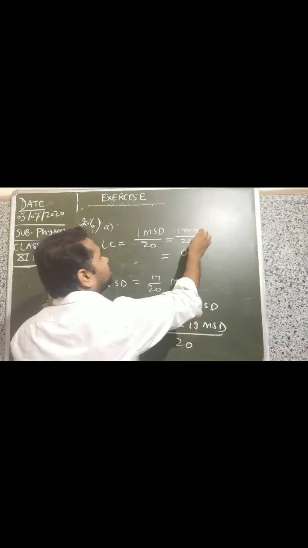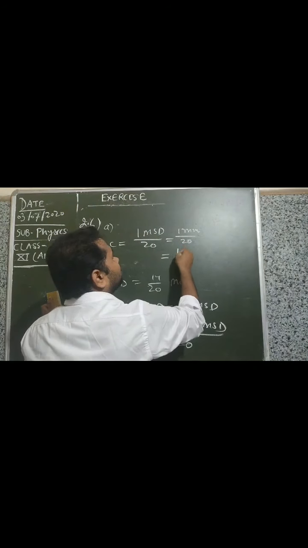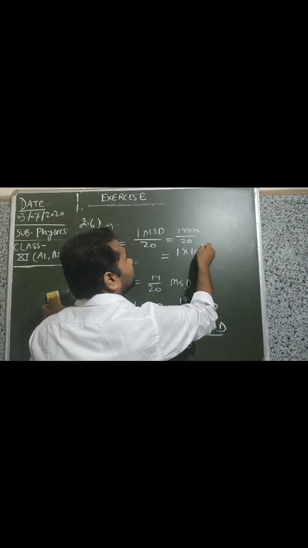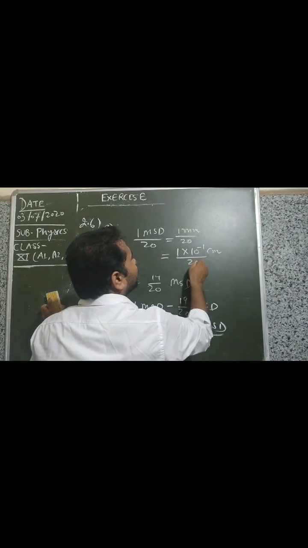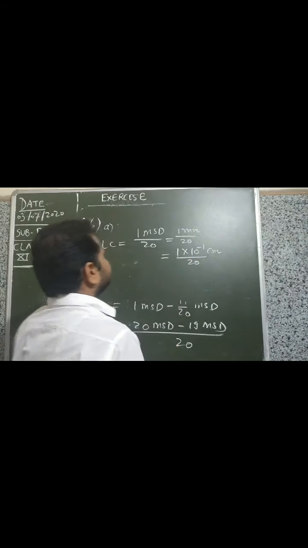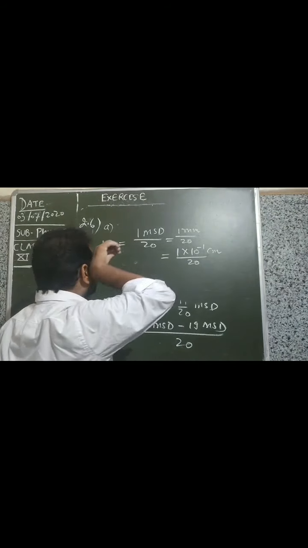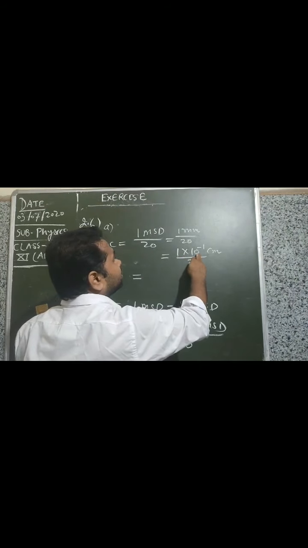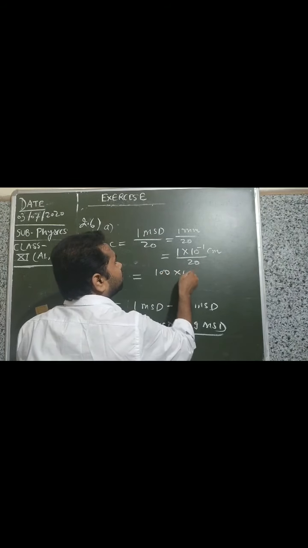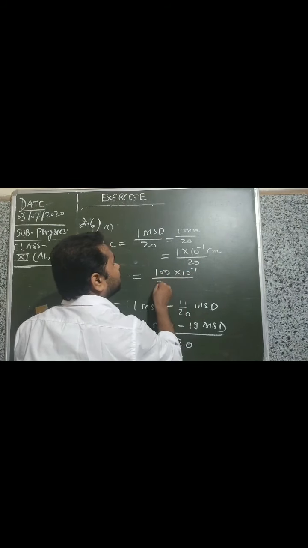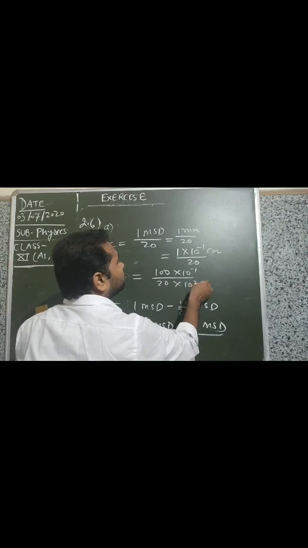First convert into centimeter here. 1 into 10 to the power minus 1 centimeter divided by 20. You can write 100 into 10 power minus 1 divided by 20 into 10 power 2.